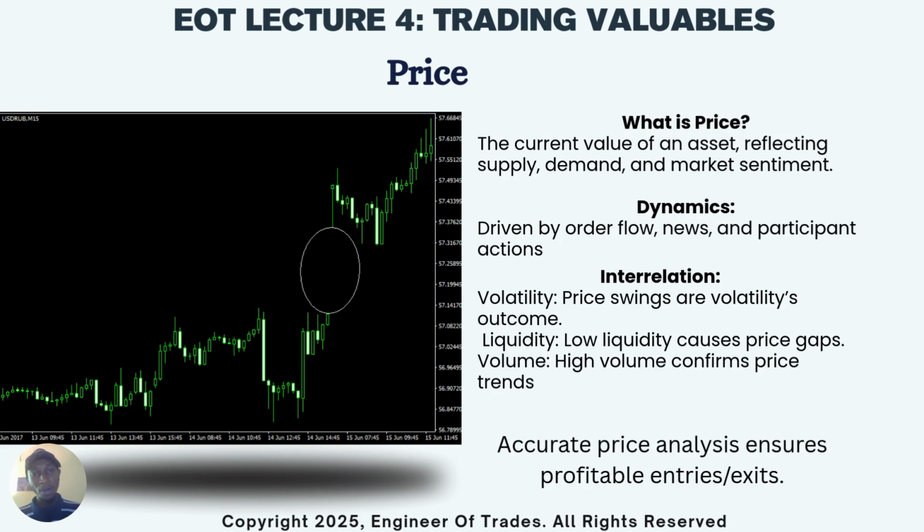When we have high volume in the markets, you expect to see good price trends. So having a good grasp of price analysis ensures that you have very good entries and very good exits in the market. And this is what this trading lecture series is all about: helping you be in a position to have very good price analysis and a good grasp of reading price action.